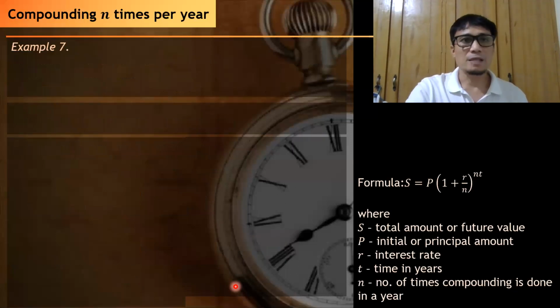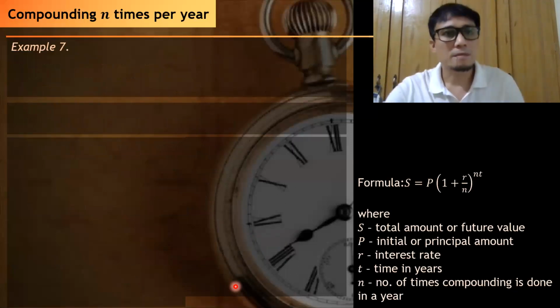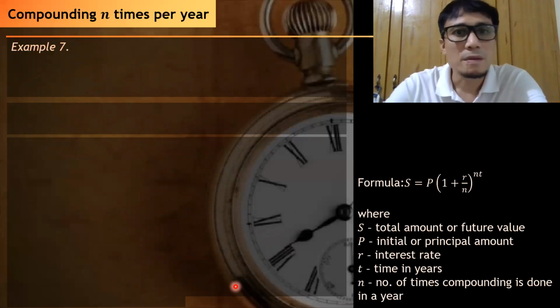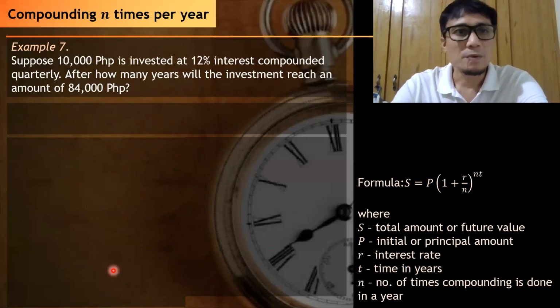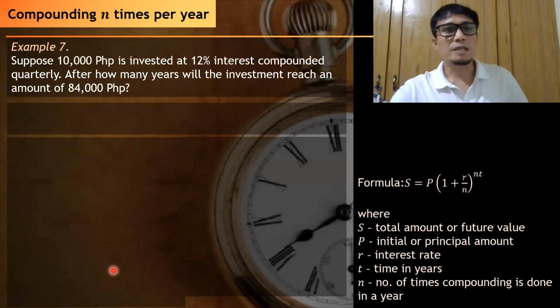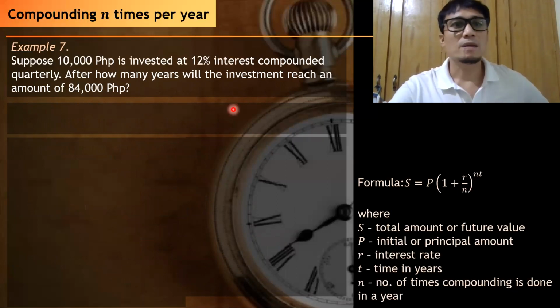For our next problem, this time we're going to consider the case where we're asked to find the time. The formula is not here, so what we're going to do is to derive the formula for t.